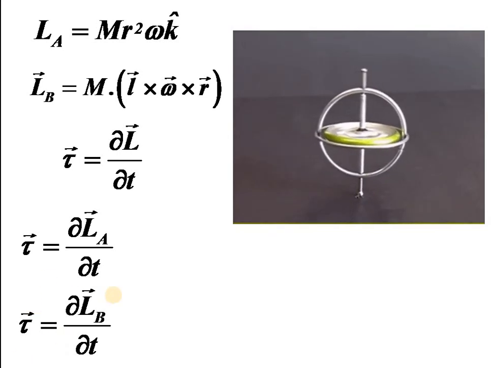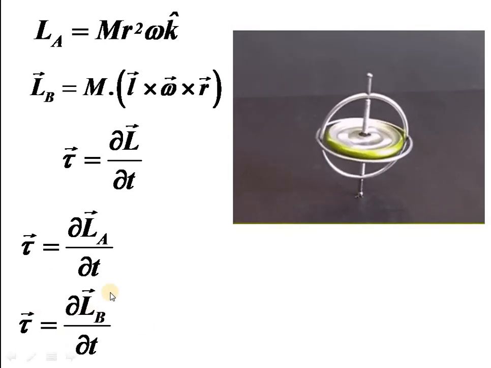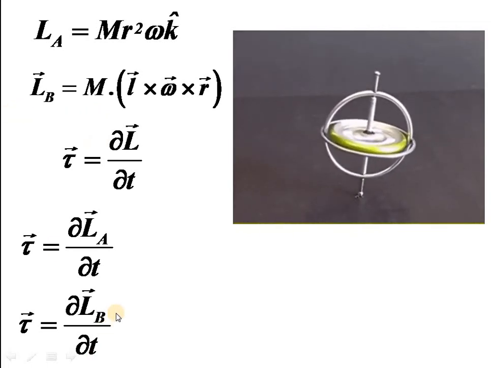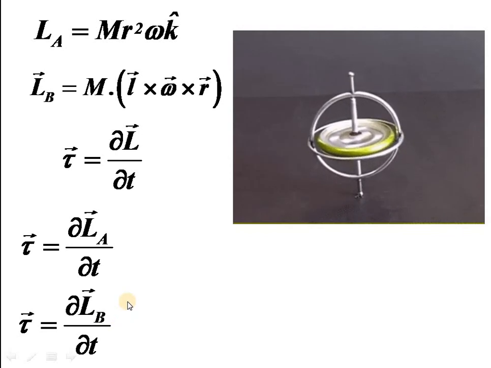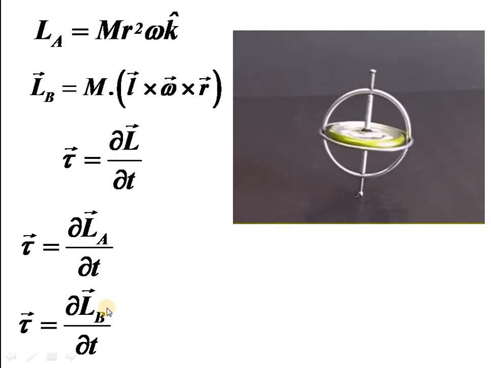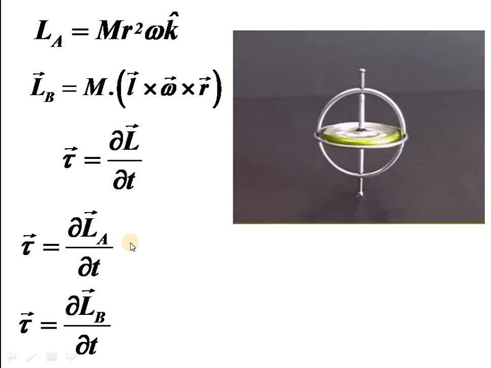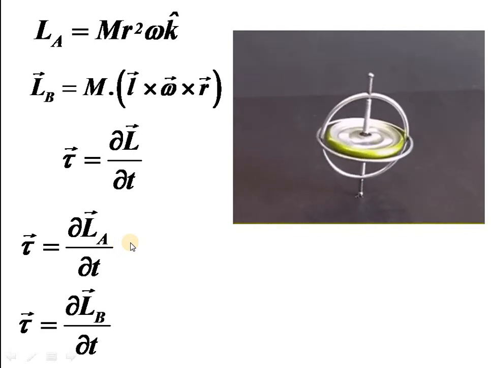Whereas with respect to LB, there is a torque acting on the body because LB is changing with respect to time. So one physics we get is that because of the angular momentum LB, there is a torque on the body, and because of the angular momentum LA, there is no torque on the body.